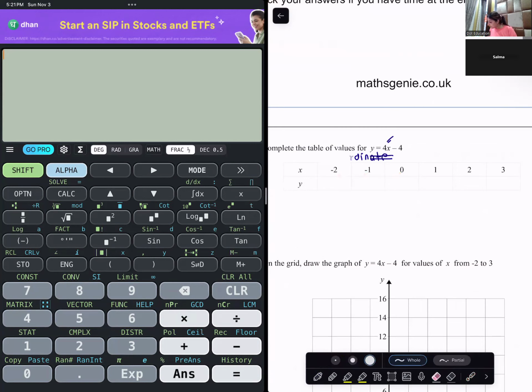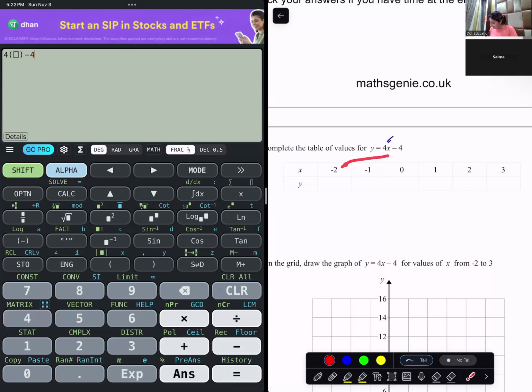I will use the calculator and put in the equation of y. Now I have y is equal to 4x minus 4. So I will do 4, put the bracket, minus 4. This is the value of my y.